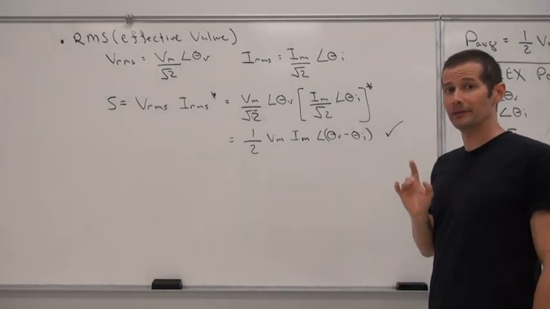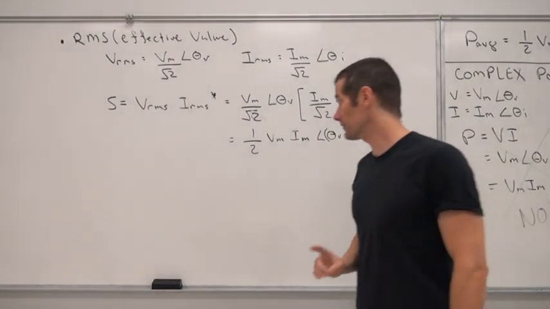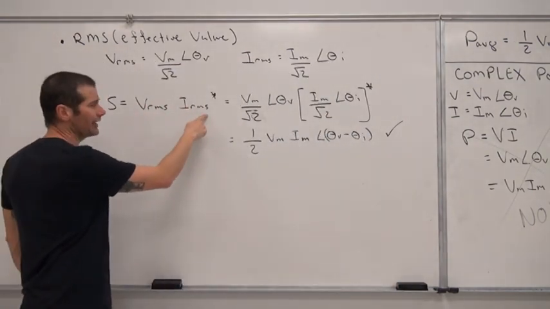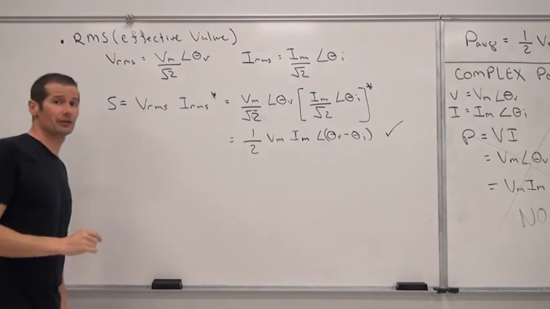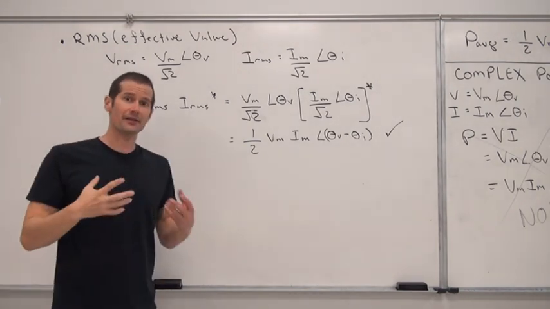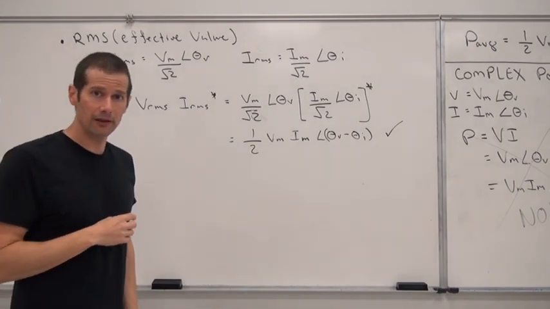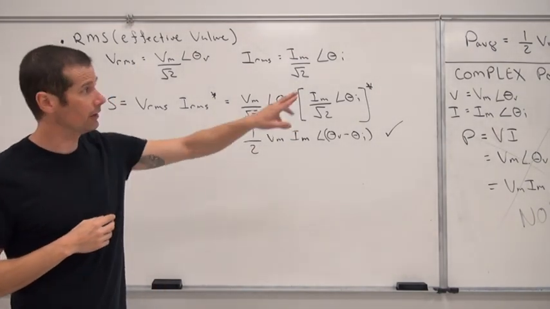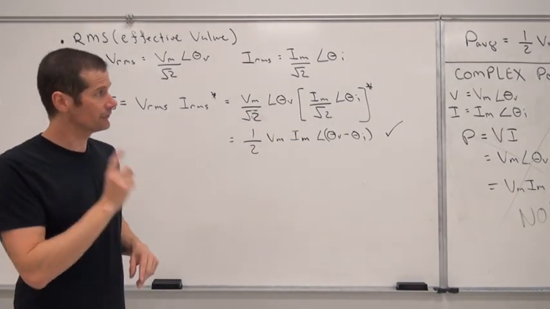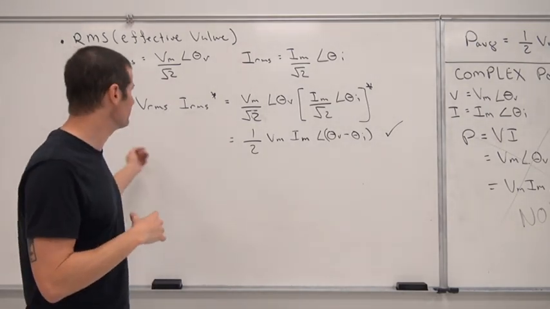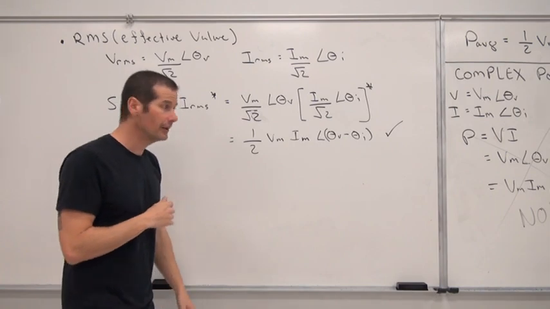By that notion, the complex power equation, S equals V RMS times I RMS conjugate, produces the exact same solution as the complex power with the equation of 1/2 times V I conjugate. How does that produce the exact same equation?